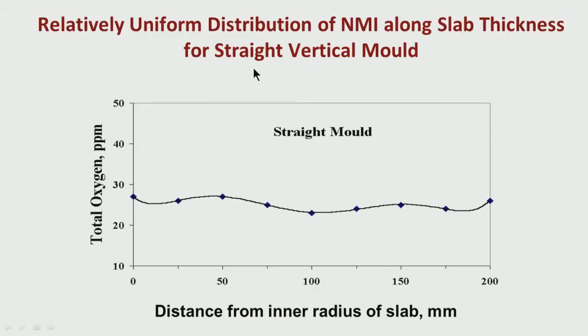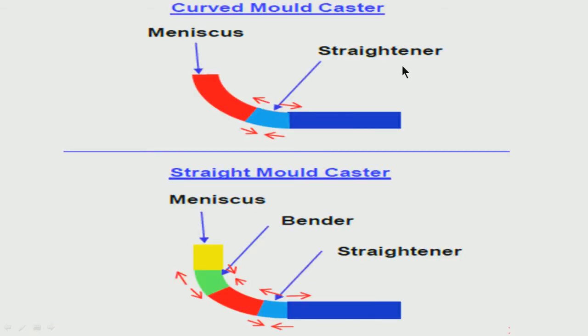This we have found out by analyzing the cast product. You just look at the relatively uniform distribution of NMI along slab thickness for straight vertical mold. So I am talking of a situation here, the mold is vertical, so whatever slab is forming, finally the slab is coming like this.